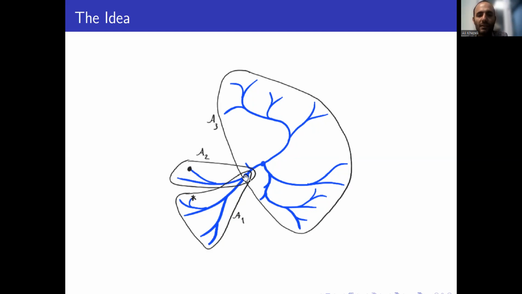I call it the semi-centroid. So I modify Aldous's algorithm by cutting at the semi-centroid in this case. And actually, we can argue that it is strictly better than cutting at the centroid. So it avoids the problems in theory, and we can prove that it is strictly better. It gives a better result than splitting at the centroid.